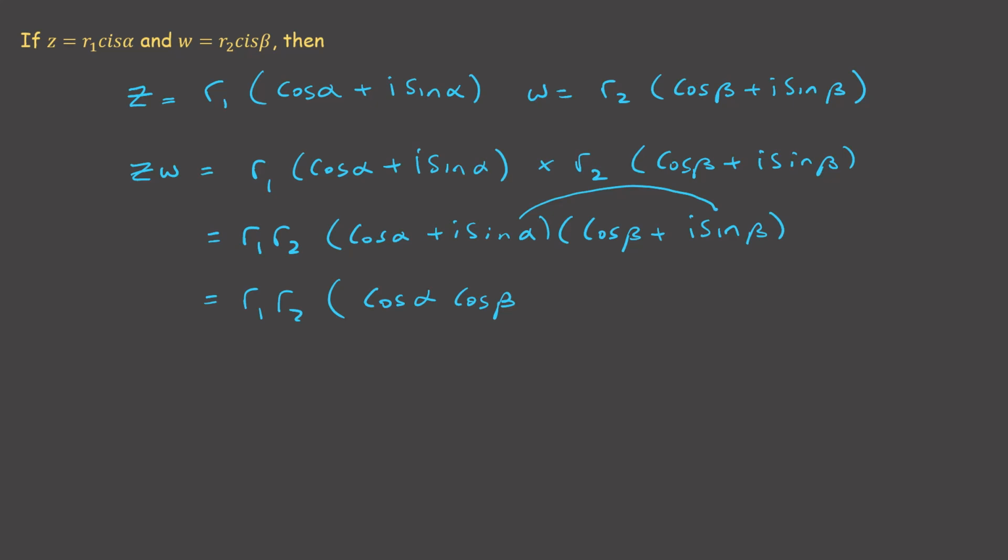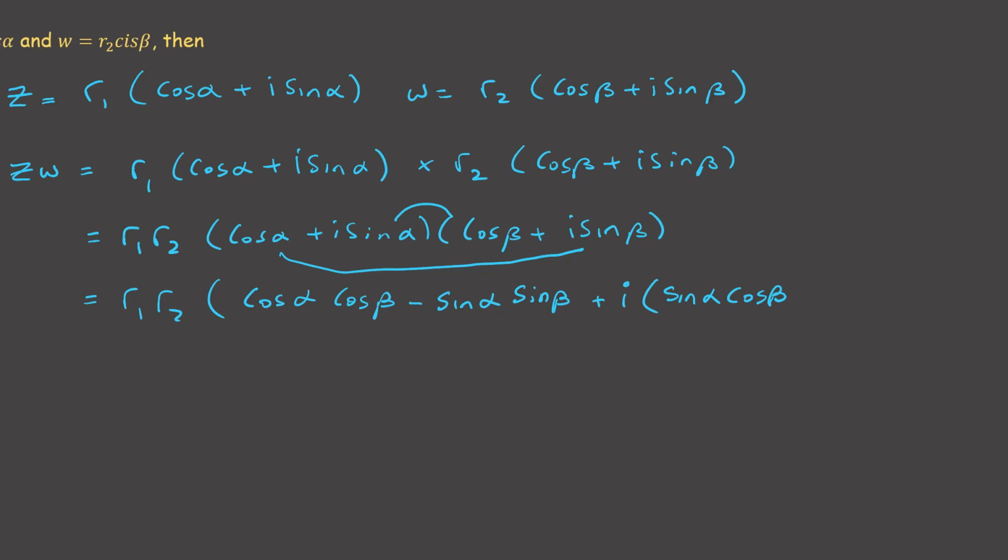I squared is -1, so that's minus sine alpha sine beta, and then doing the cross terms, we would get I into sine alpha cos beta plus cos alpha sine beta.